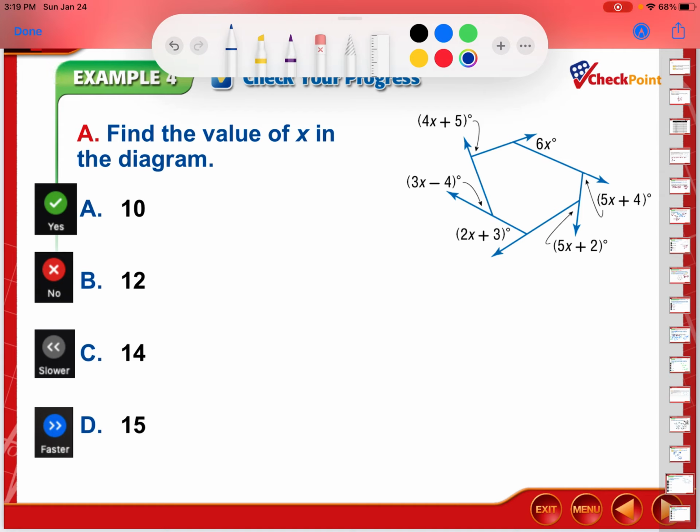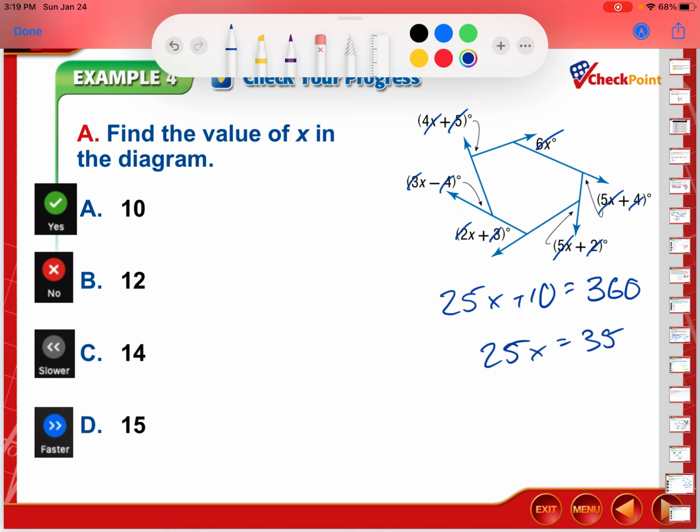So, first things first, go around, add up all your x's. 5, 10, 12, 15, 19, 25, 25x, plus 4, 6, 9, 5, 10, plus 10 equals 360. 25x equals 350. 350 divided by 25 would be 14.